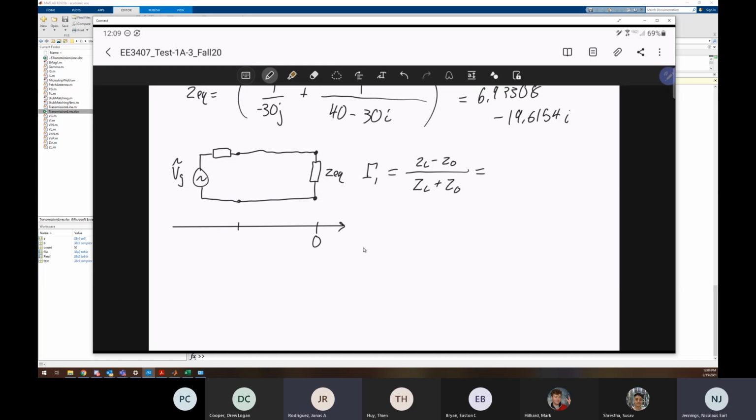You're asking for the distance, or? Sorry, ZL. The load impedance right here. Oh, that's the equivalent impedance we just got, right? Correct. Exactly. Yes, that is ZEQ. So it'll just be ZEQ minus Z naught over ZEQ plus Z naught.